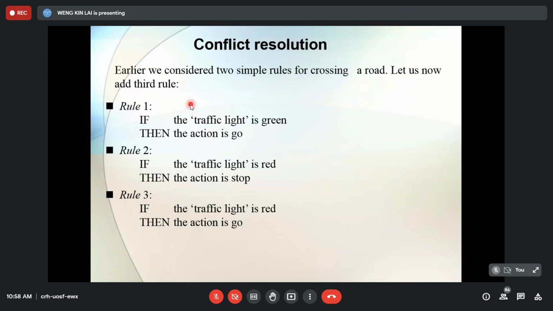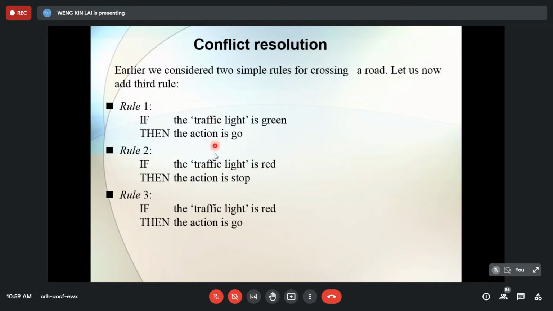Now let us include a new rule. Somehow we generated a new rule. This example, don't ask me the logic behind that. Maybe the programmer or the knowledge engineer somehow put in the wrong rule. If the traffic light is red, you still go, right? So what do you see here? If I process these two rules, I should stop if traffic light is red.